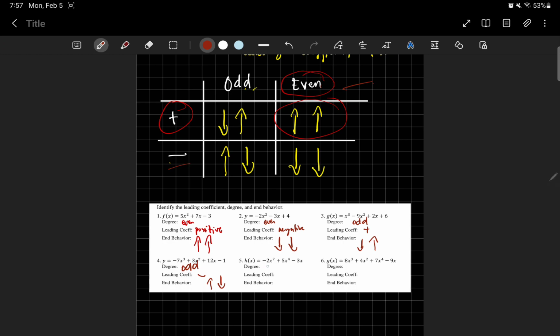So the degree is odd, the leading coefficient is negative, therefore the behavior is rising, falling. And last one, 8x cubed plus 4x squared plus 7x raised to 4 minus 9x. You can pause, then check your answer kung tama, no? Okay, so the degree is odd, the leading coefficient is positive. Therefore, the behavior is falling, rising.